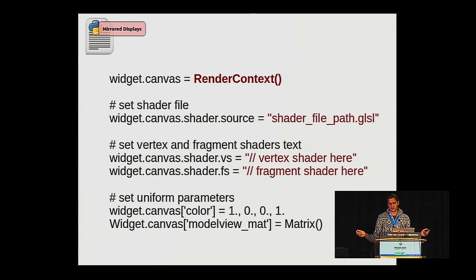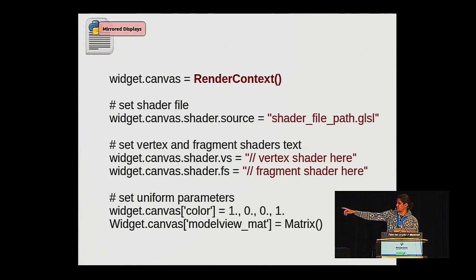So first of all, you just need to create and override the canvas of the widget to tell it that you really want to use the render context instead of the usual canvas. Then we need to specify the path to the shader file, or either the text of the vertex or fragment shaders itself.